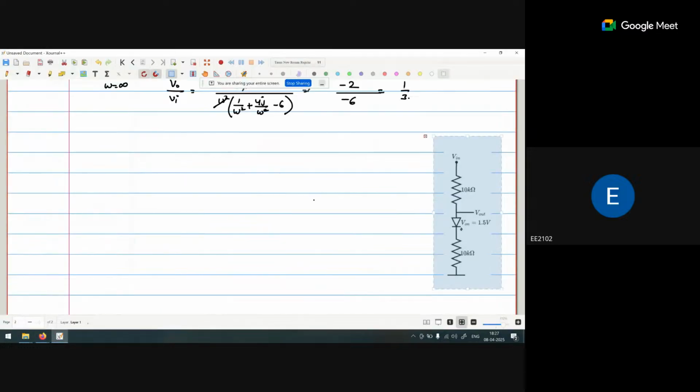Okay. So first we assume the input voltage is 3.2. Okay, V in is 3.2.